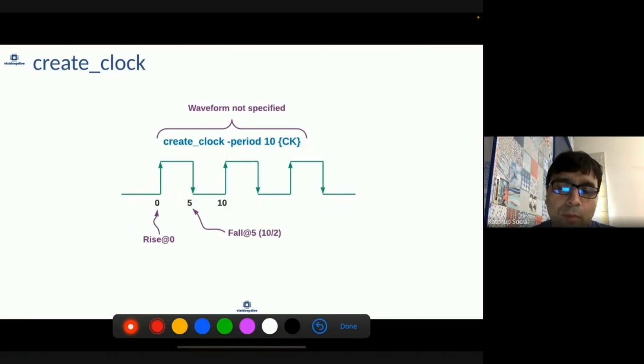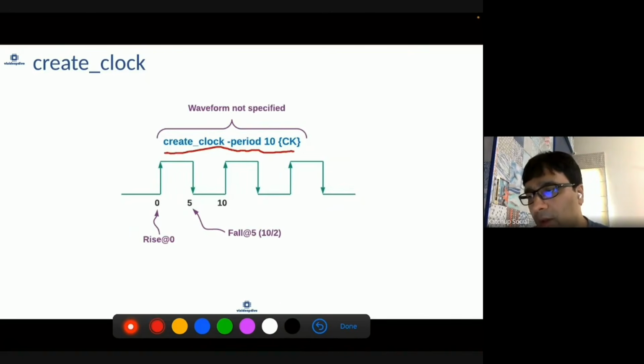What happens when the waveform option is not specified? So if, let's say, you define the clock with just period and define this clock on a design net or a port CK, then when the waveform option is not specified, clock is assumed to be 50% duty cycle. What is the meaning of 50% duty cycle?